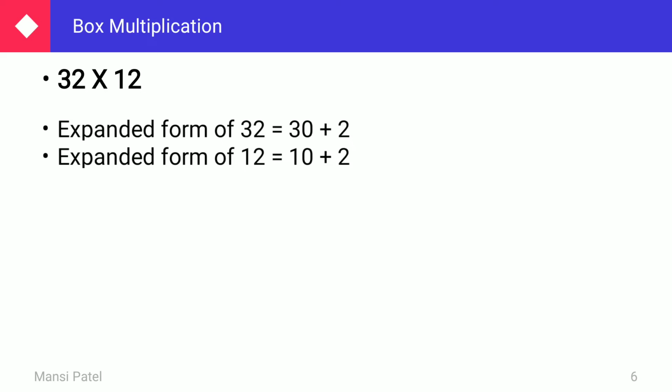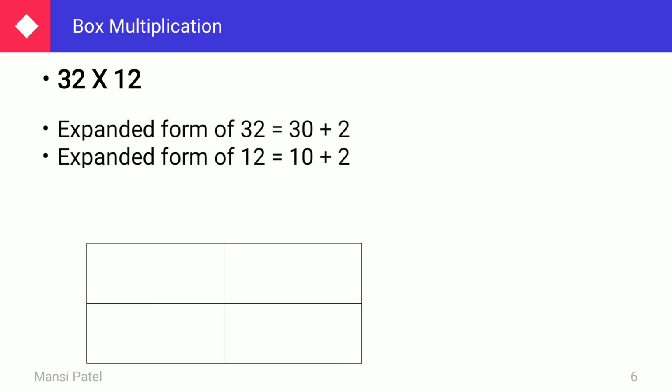Now these numbers are 2 by 2, so you have to draw one box. In that box there are 2 rows and 2 columns. You have to write down the expanded form of the first number on the top side, that is 30 plus 2. So in the first column write 30 and in the second write 2.